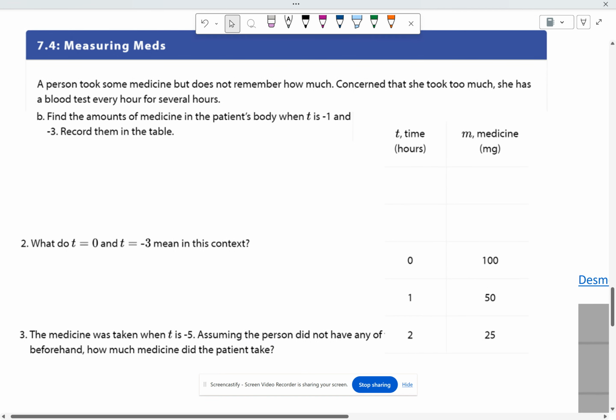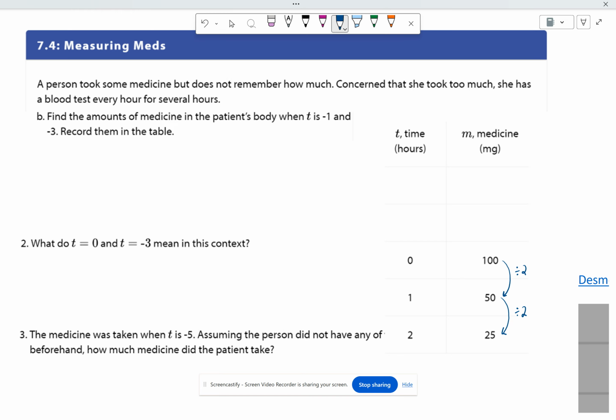So if you look at this table down here, the amount of medicine in their blood is going down from 100 to 50 and then 50 to 25. So if you see the pattern here, it's being divided by 2. Divided by 2.